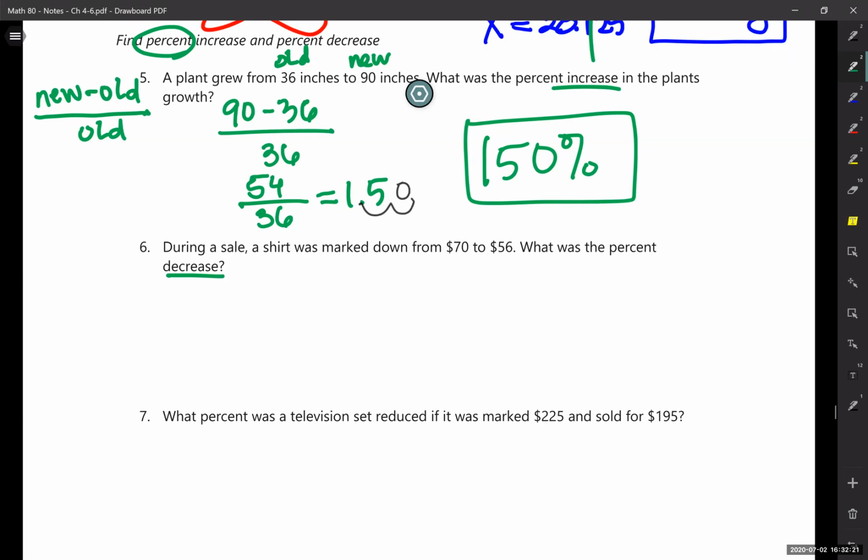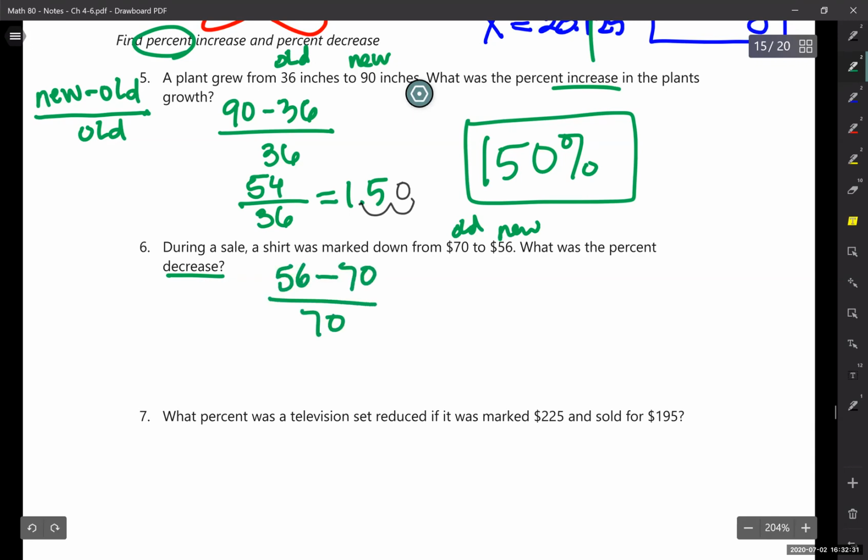So it started off, there's the old price, and there's the new price. So 56 minus 70 over 70, because that old or original number is always what goes on the bottom. In problem 5, the smaller number went on the bottom. In problem 6, the bigger number went on the bottom, just because that's the difference between increasing and decreasing.